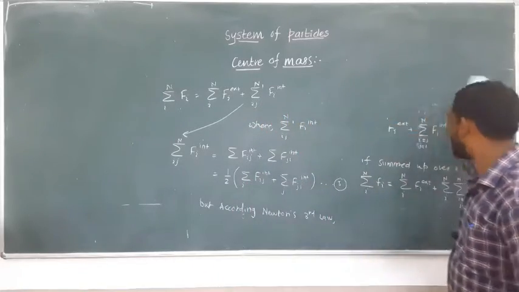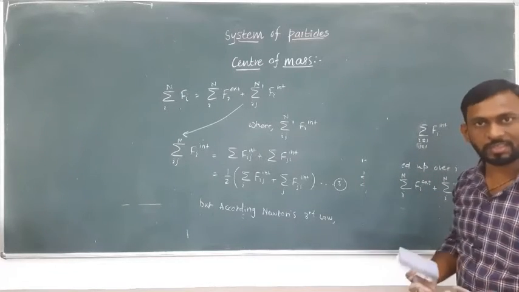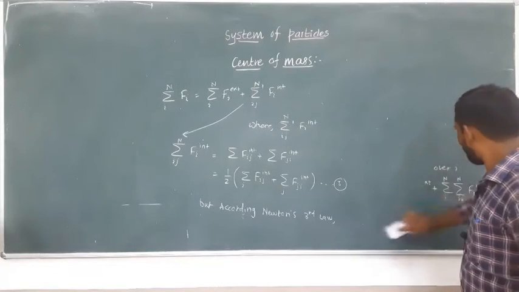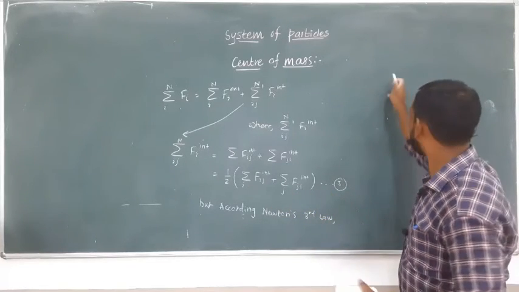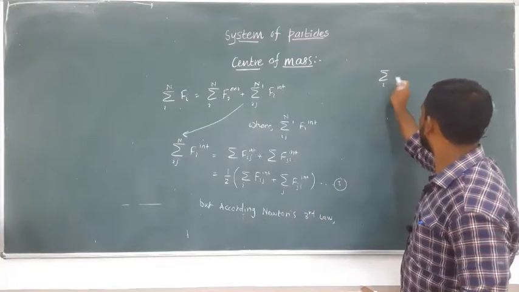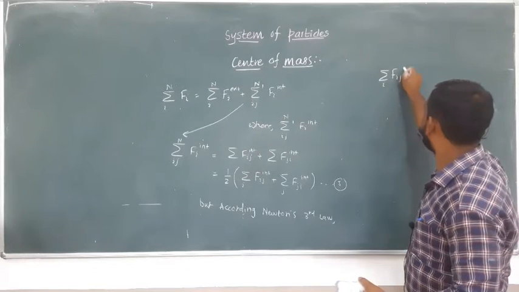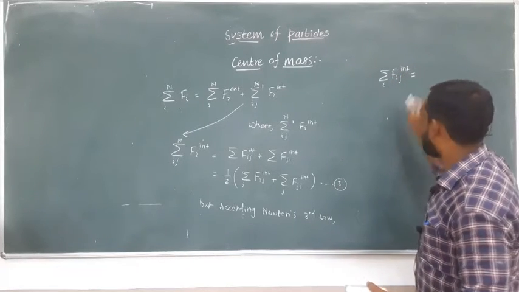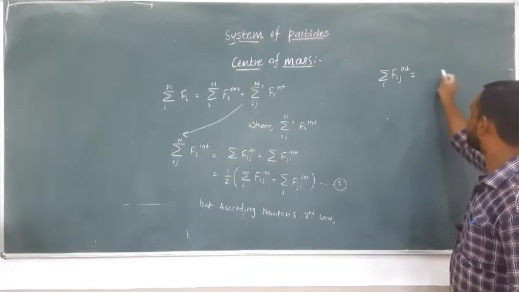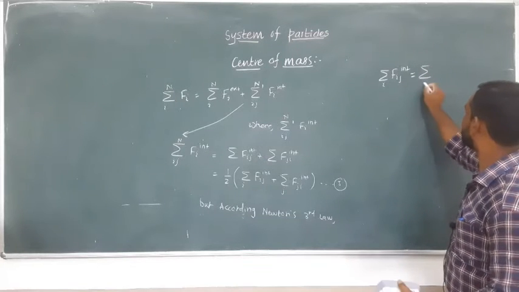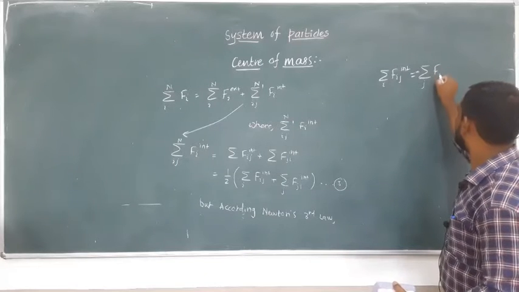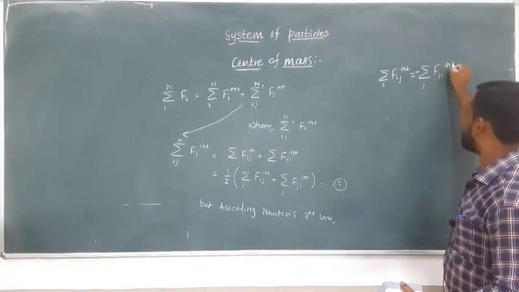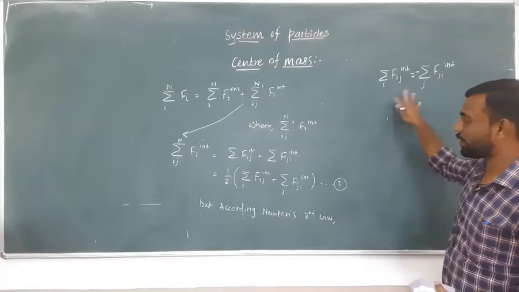Since the directions of these forces are opposite, the relation between the two forces should be equal and opposite, with a minus sign: Fij equals minus Fji.